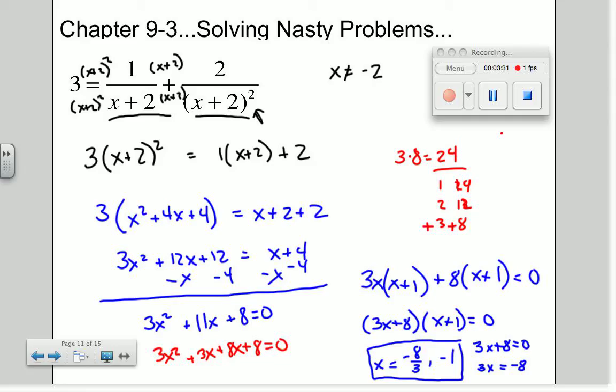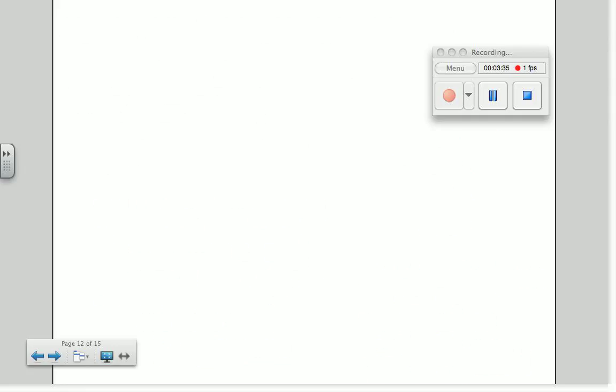All right. The next problem that we're going to work is this lovely guy. Well, here's the trick to the nasty ones like this: use some other type of substitution. So I'm going to say that u equals k to the 2/3, because I want this to be k to the 1, or something to the first power, and I want this to be something squared, because I don't know how to solve any other kinds of equations, so this would be helpful.